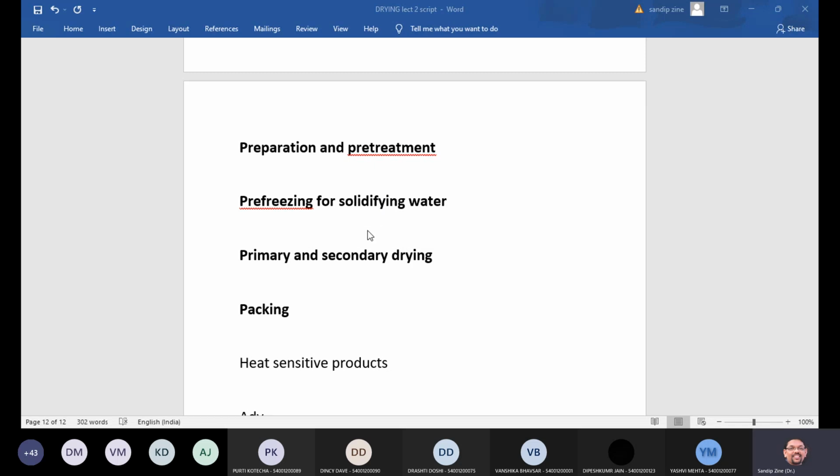Food items like mushrooms, prawns, and meat products can be dried by this freeze drying method. Coffee and tea concentrates and citrus fruit juice are also dried by this method of freeze drying or lyophilization. So clear this particular point, whatever we have covered in this topic.